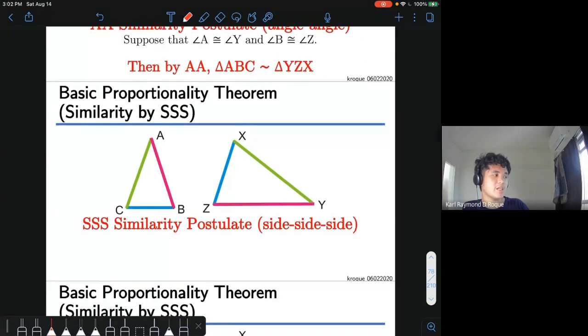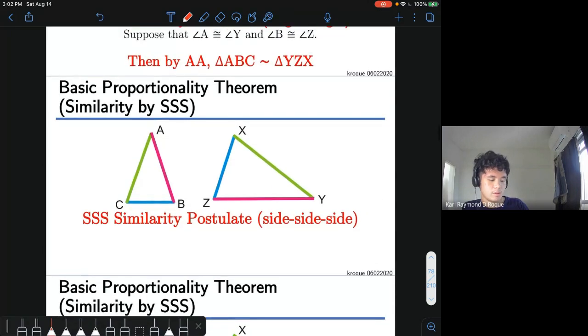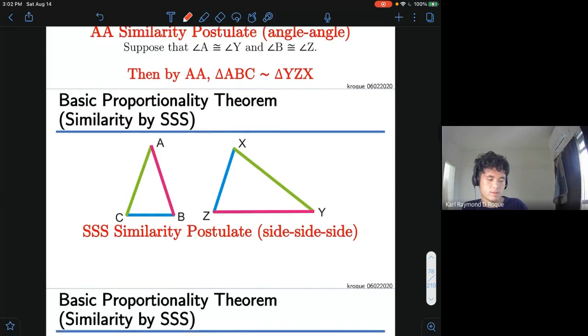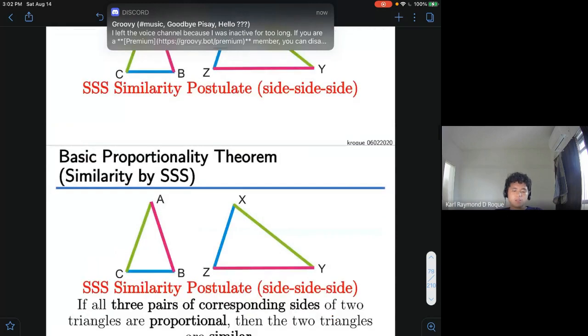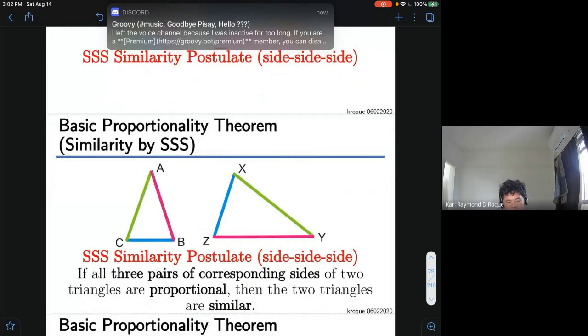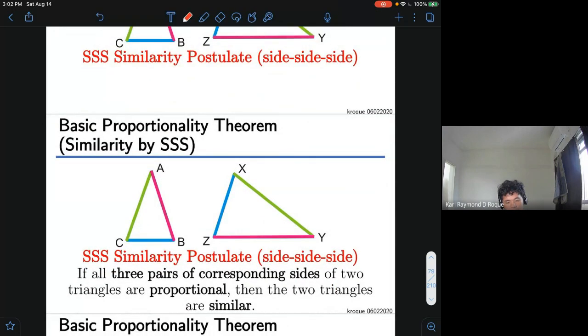Okay. Next, basic proportionality theorem, or similarity by SSS. As long as three pairs of corresponding sides of two triangles are proportional, then the two triangles are similar.